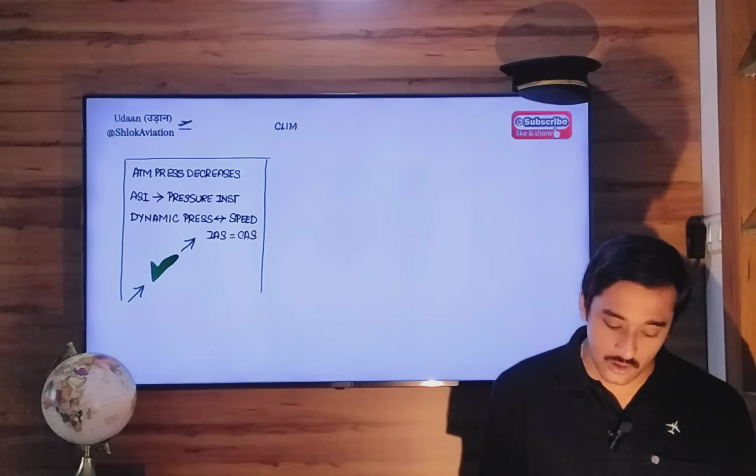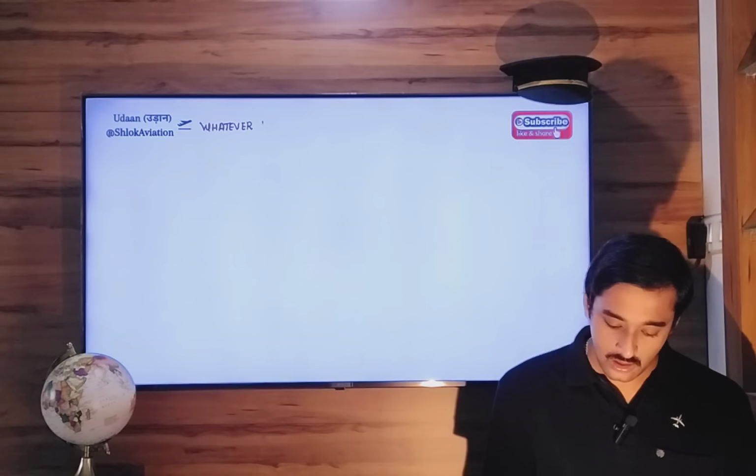Okay, so the solution is that when you know that your calibrated airspeed is going to decrease as you climb to higher altitude, what you're going to do is increase that true airspeed.